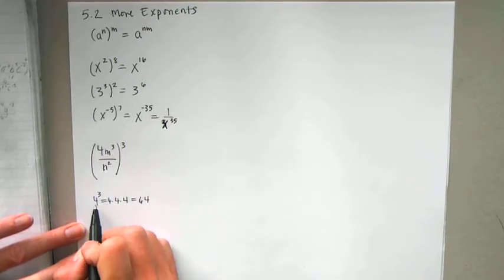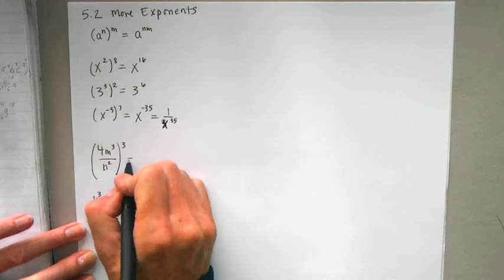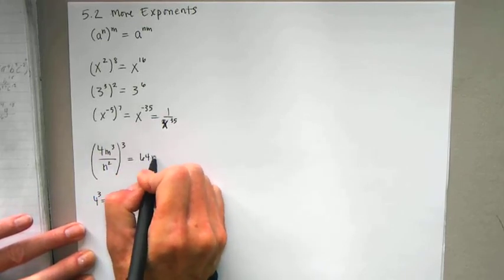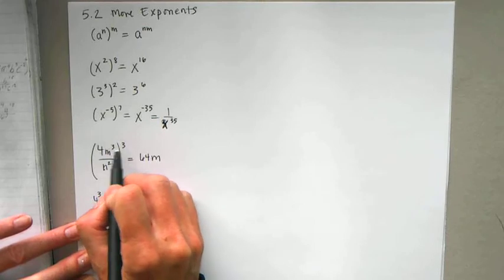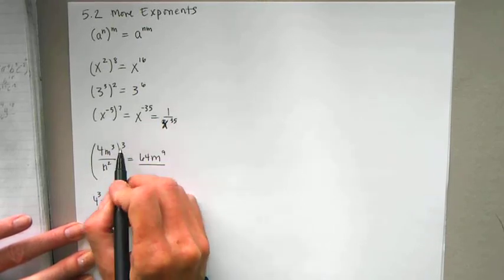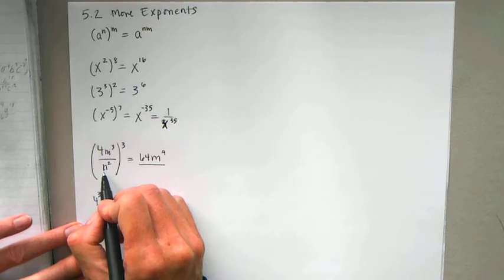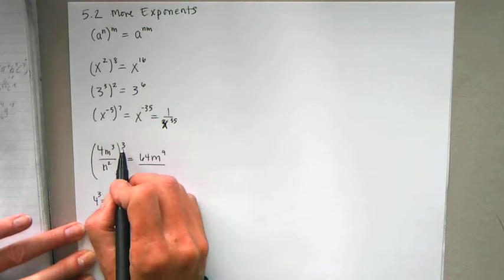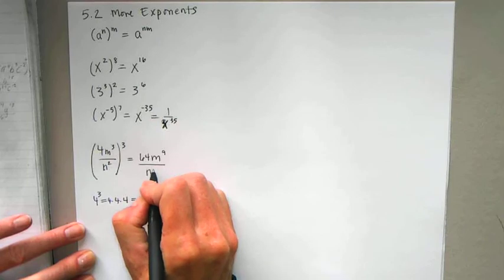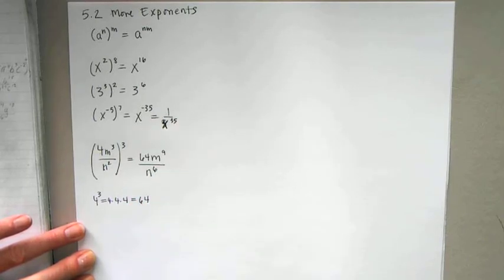So numbers don't change your rules. They're still 64. But the exponents we multiply. So I have n to the 3rd raised to the 3rd becomes n to the 9th, and n, this is raising the bottom too, isn't it? So to the 2nd raised to the 3rd becomes n to the 6th. Okay.